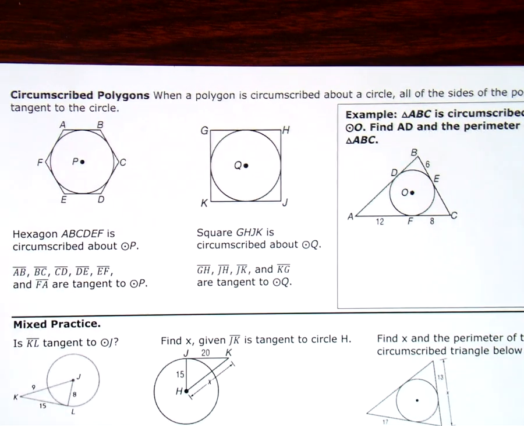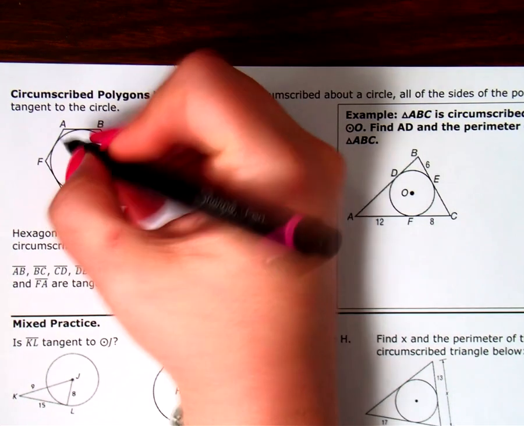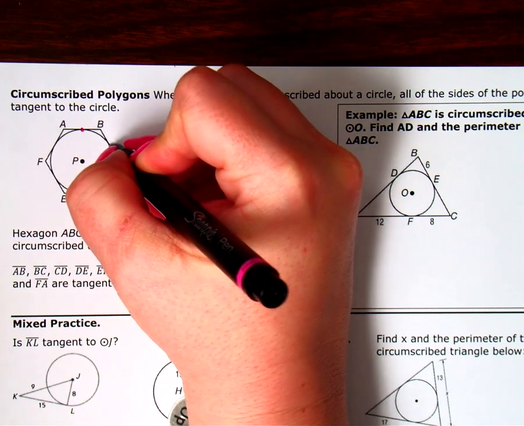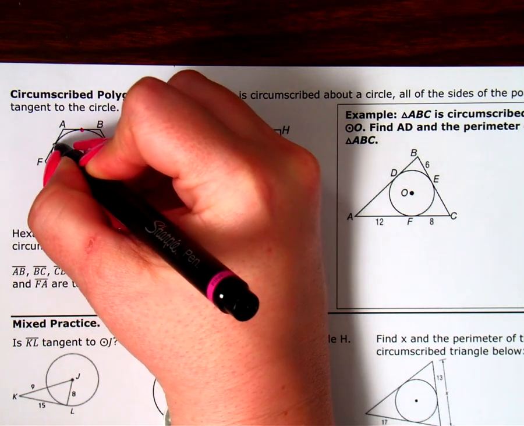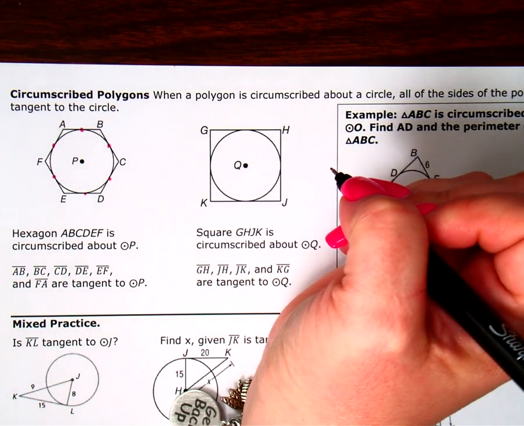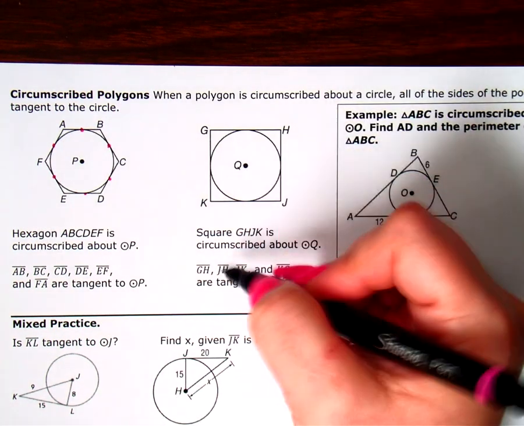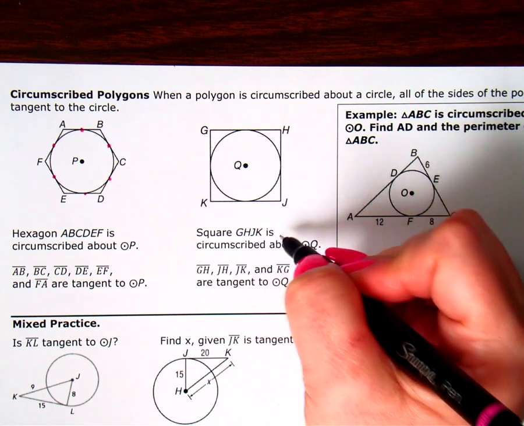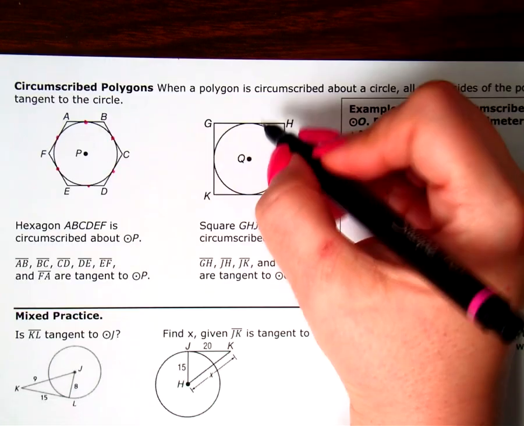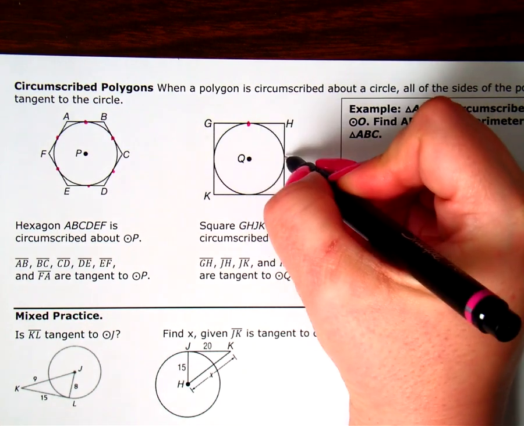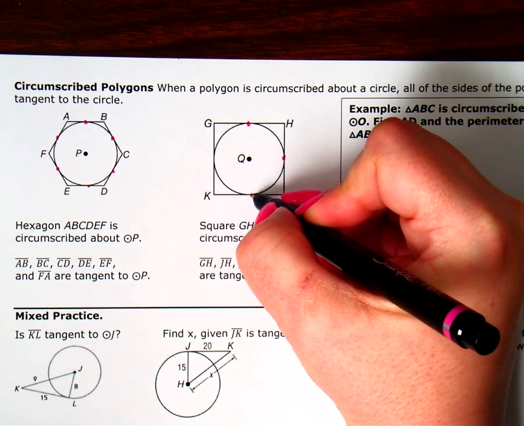So each one touches the circle in just one spot. Every side has a point of tangency as you go around this hexagon. So 6 points of tangency because 6 sides. My square, GHJK, is circumscribed about circle Q, so that means it has 4 sides, so there are 4 points of tangency.